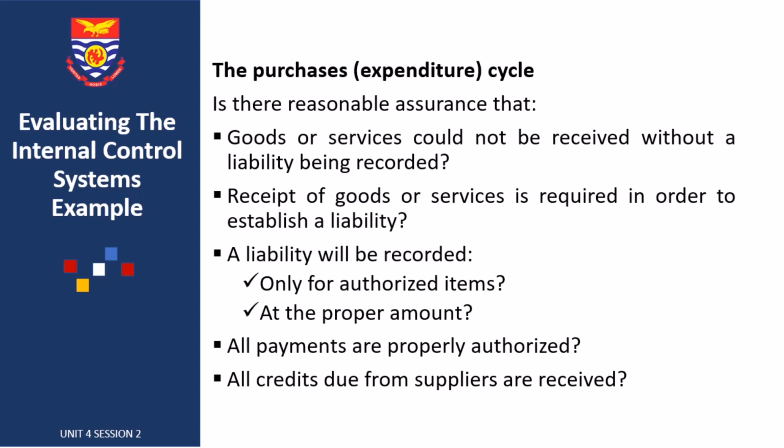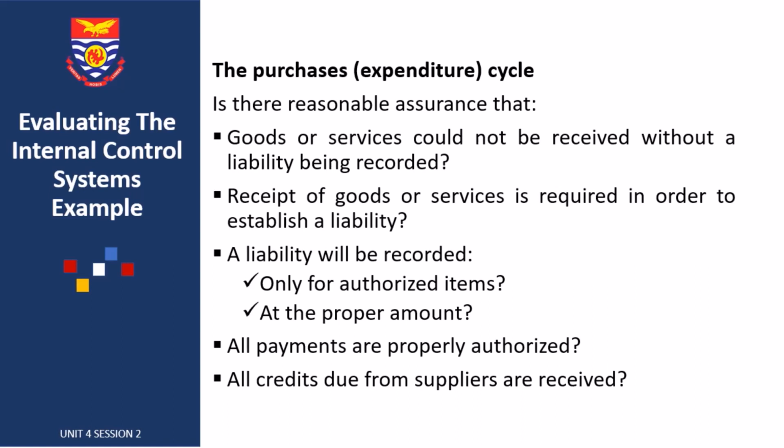Then you also have to evaluate whether all credits due from suppliers are received. If you are due goods or funds from your suppliers, have you actually received them for a liability to be recorded? These are examples when you take the purchases or expenditure cycle.